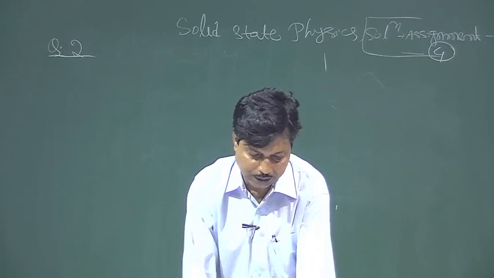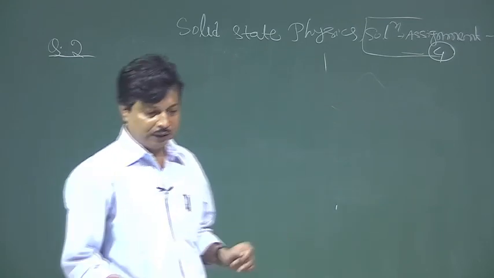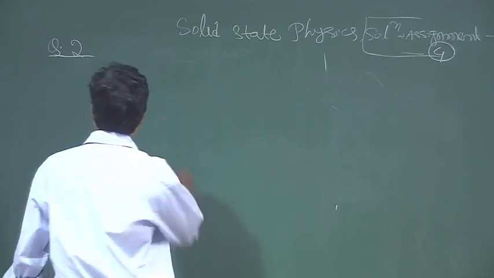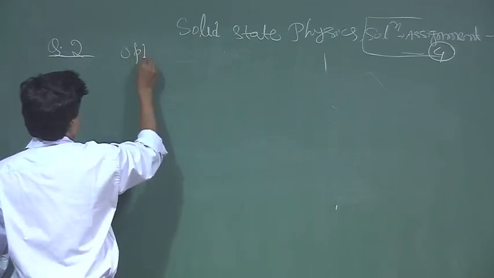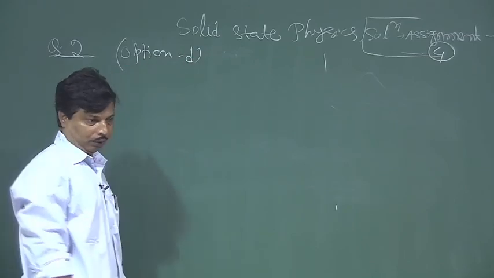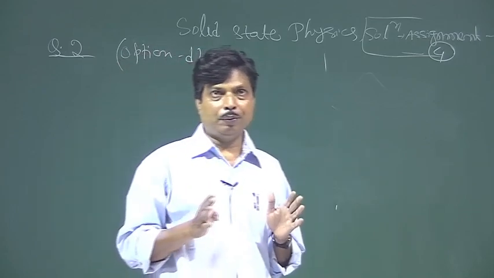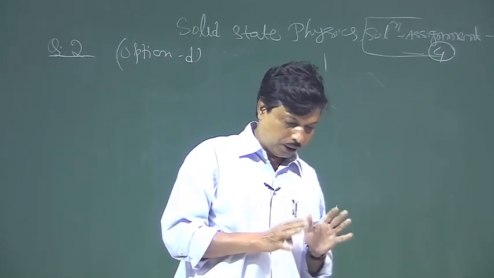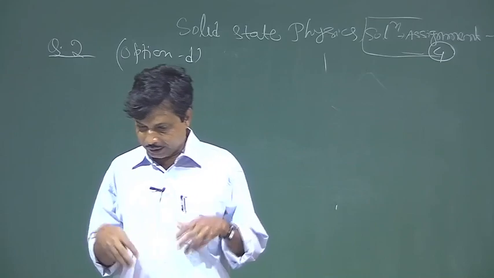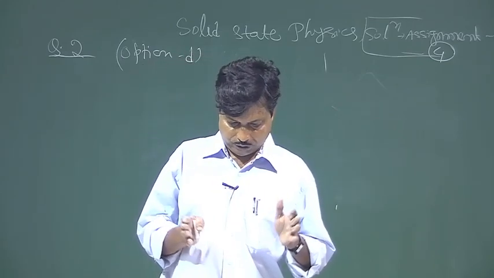Option D, the wavelength of X-rays is of the order of the interplanar spacing. This option D is correct for question number 2, because for diffraction to occur, the wavelength of the incident beam should be of the order of the slit width.